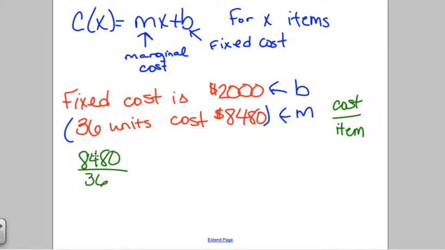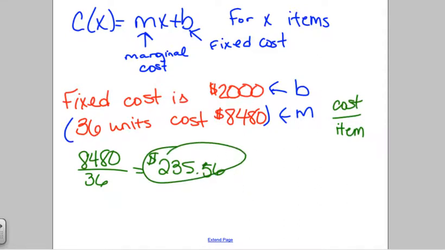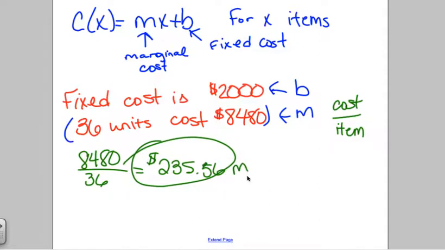Let me get my handy dandy calculator to do that. 8480 divided by 36, and I get 235.56. So this right here is my slope. That is my M value.